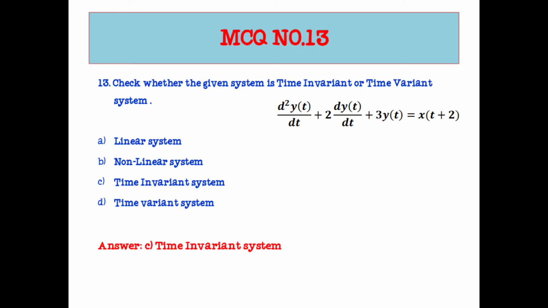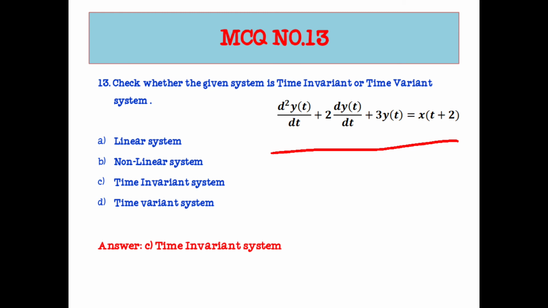Check whether the system is time invariant. You have been given a differential equation. As I explained in the previous video regarding the definition, if a differential equation is given, check the coefficients of it. If they are constants, that system is a time invariant system.